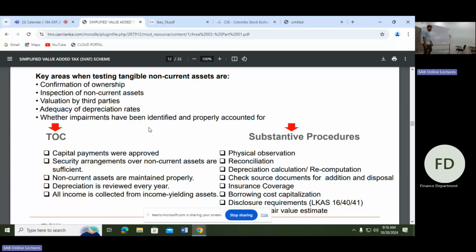It means 120,000 value of motor vehicles exists as at the date, valuation is correct, completeness is correct, we have the rights and obligations over this, and we have presented and disclosed according to LKAS 16. That's why they are telling us.